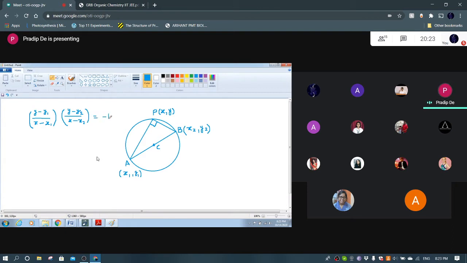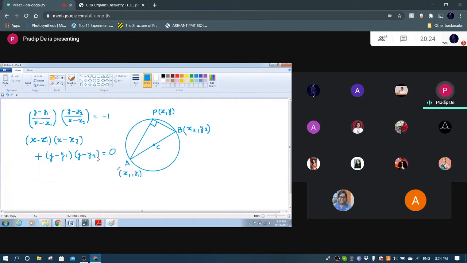So this is equal to -1. From this, after multiplication and simplification, you get this equation: x minus x1 into x minus x2 plus y minus y1 into y minus y2 is equal to 0.